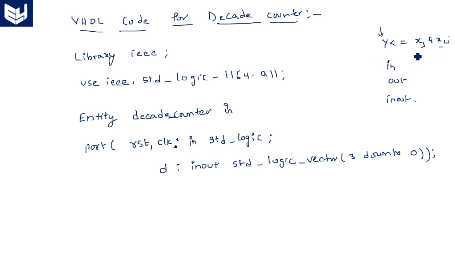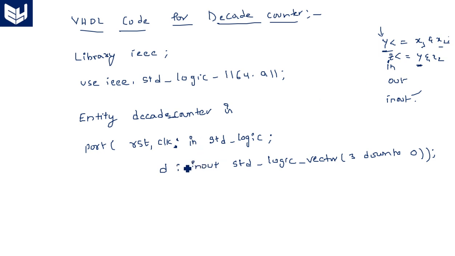Suppose in the next line we write z is equal to y and x2. Then y here is acting as input, and y in the previous line is acting as output. So y acts in both directions: one time as input and one time as output. In such a case we have to represent y as in out direction. So this is the meaning of D here.